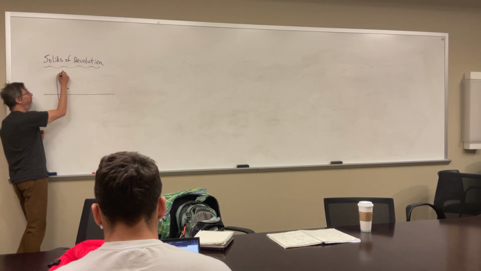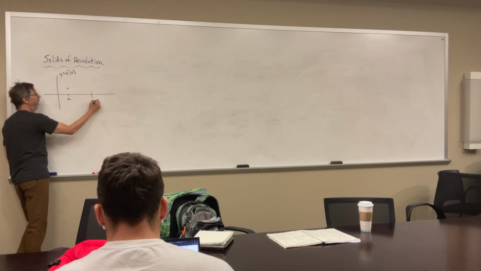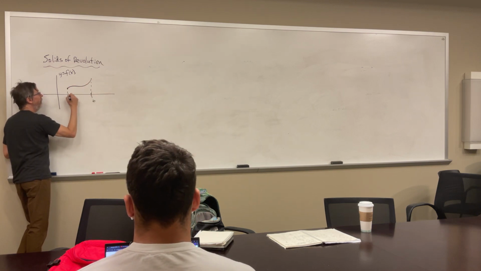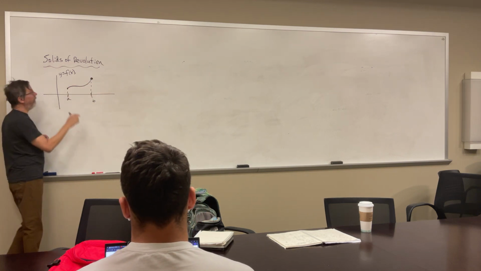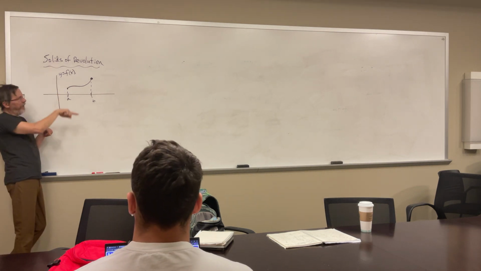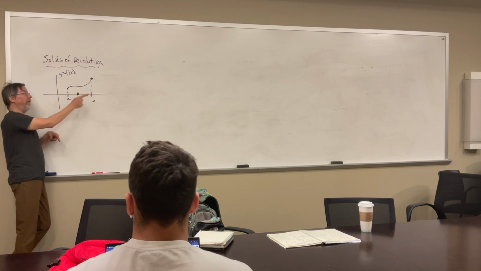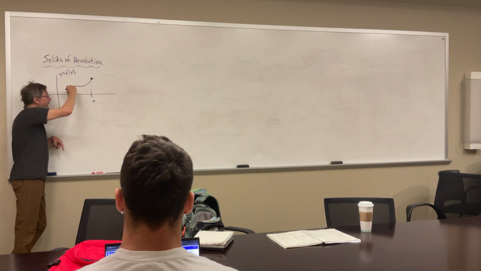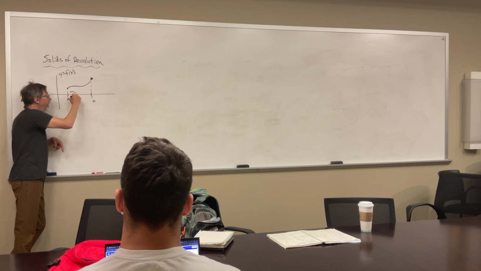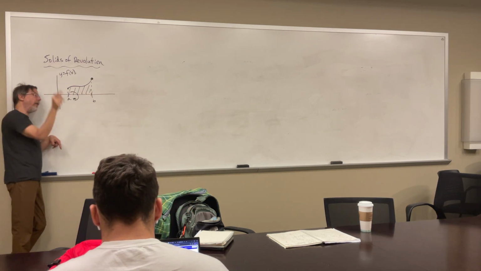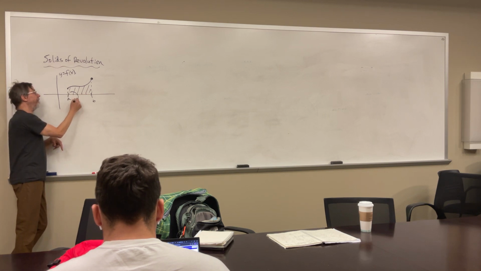I've got some function y equals f of x, and I've got it on some interval a to b. I'm going to spin this around. I'm going to spin this around the x-axis, and then later we'll spin it around the y-axis also. But we're going to spin that curve, in fact, this entire region here, around the x-axis.